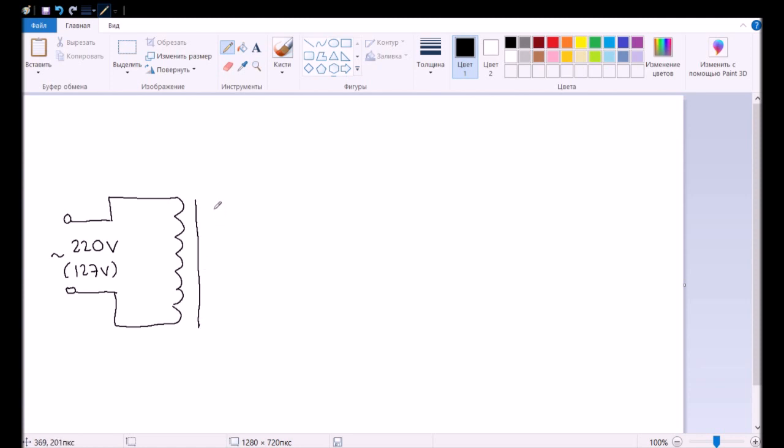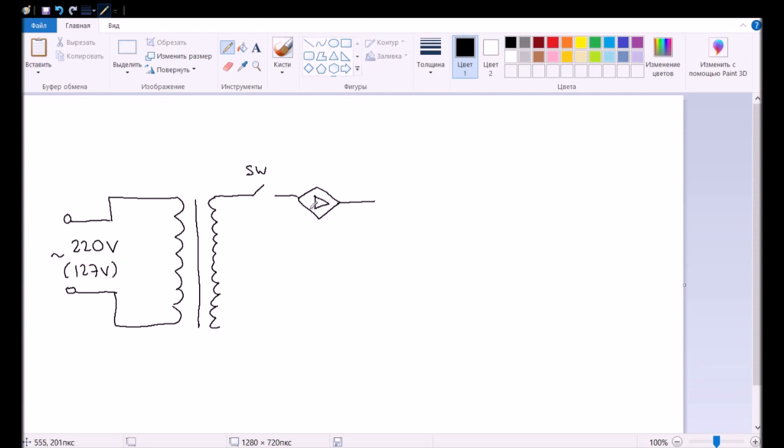It is not a very widely spread thing, but it can be obtained. So now in the secondary circuit we have a controlling switch, then a diode. It may be a simple diode or a bridge.